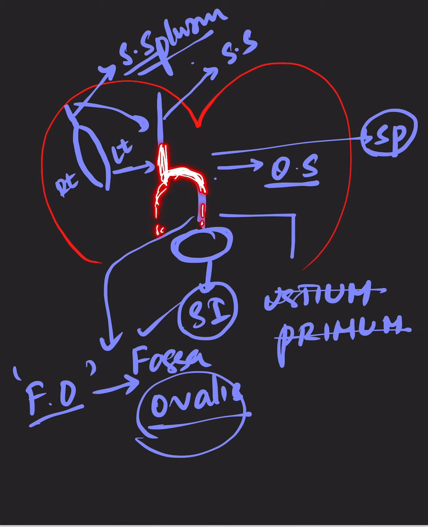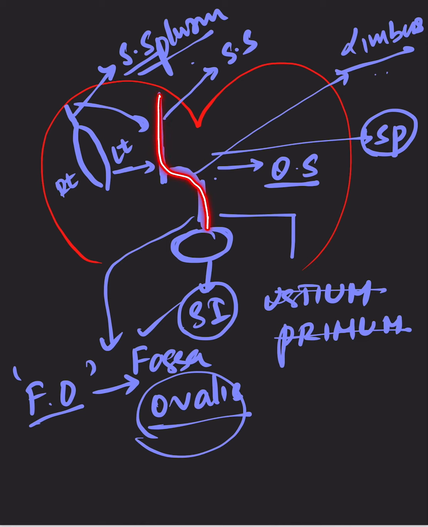This arched structure over the fossa ovalis is called the limbus ovalis. Finally, we could see the development of the interatrial septa like this. See, like this, the interatrial septa is formed.